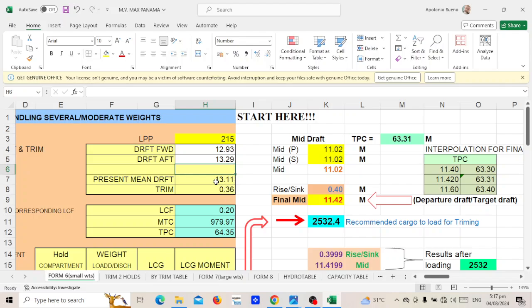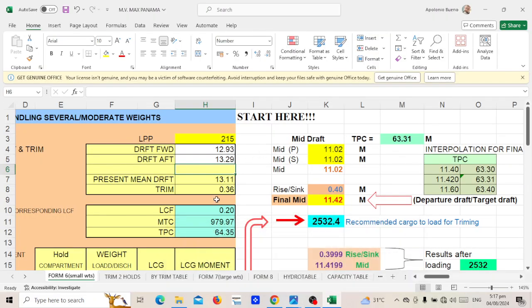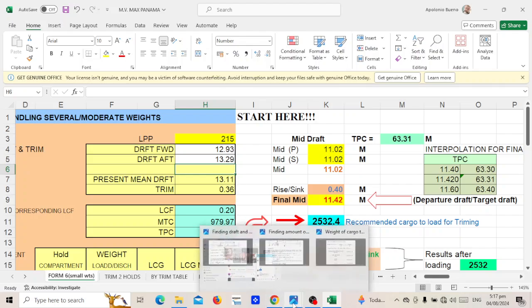And the mean draft will be 13.11. Yes, 13.11 and your trim will be 0.36.